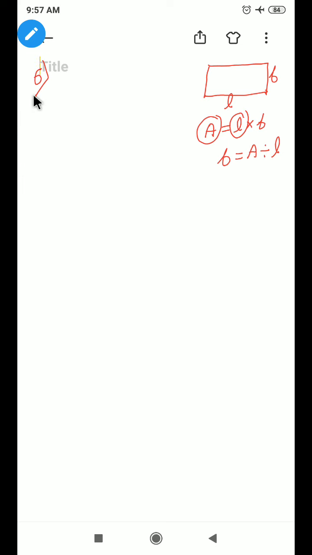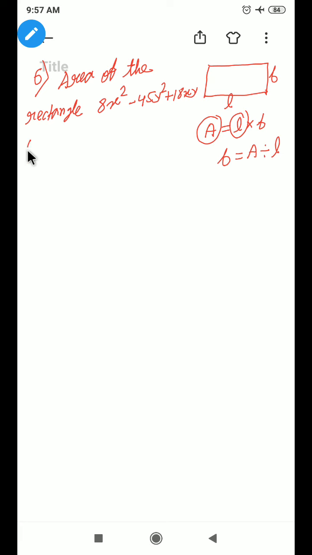So write down those things which are given. Area of the rectangle is 8x square minus 45y square plus 18xy, and one side is given, 4x plus 15y.